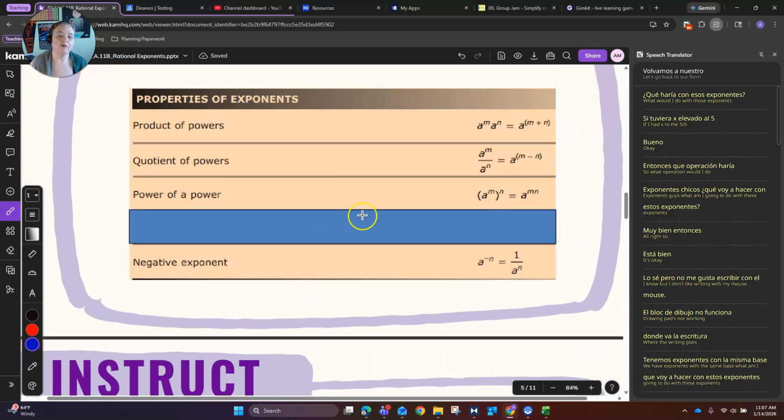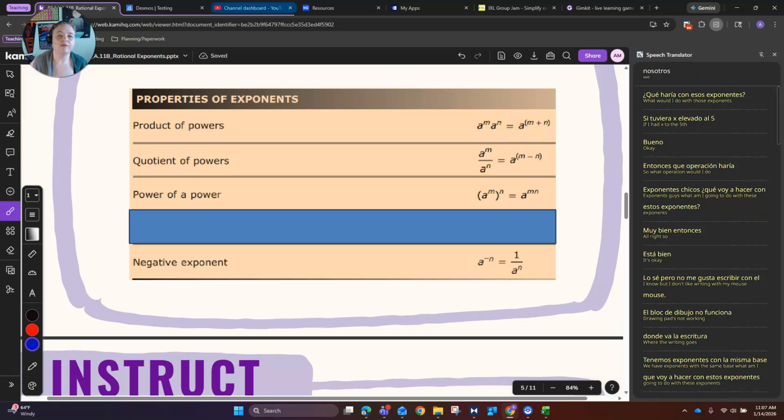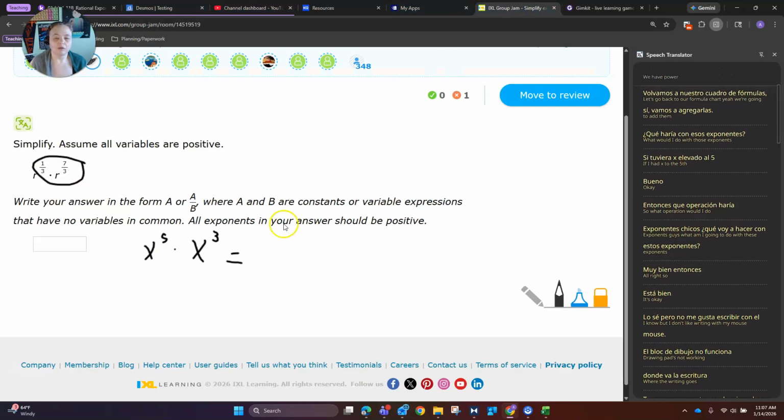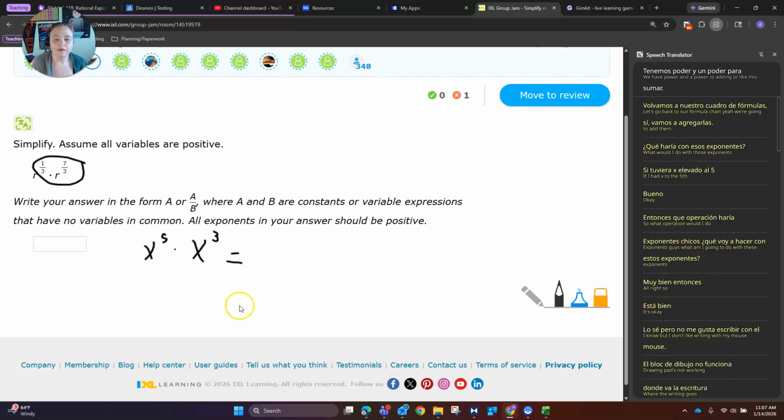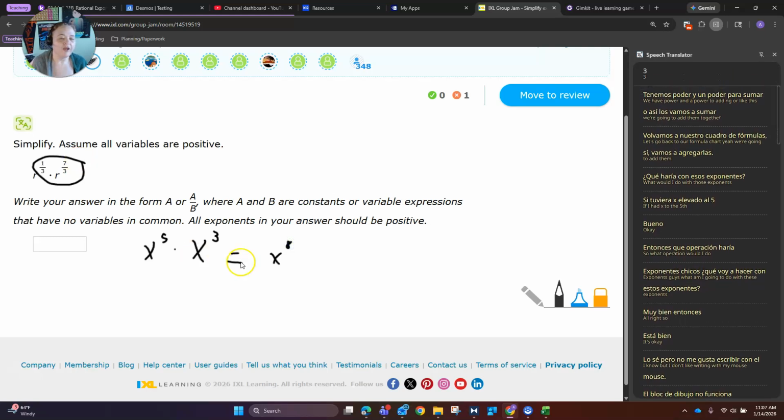Yeah, we're going to add them. When we have a power times a power like this, we're going to add the exponents together. So this would be x to the eighth, right? So if I added these exponents, I can add these exponents too.